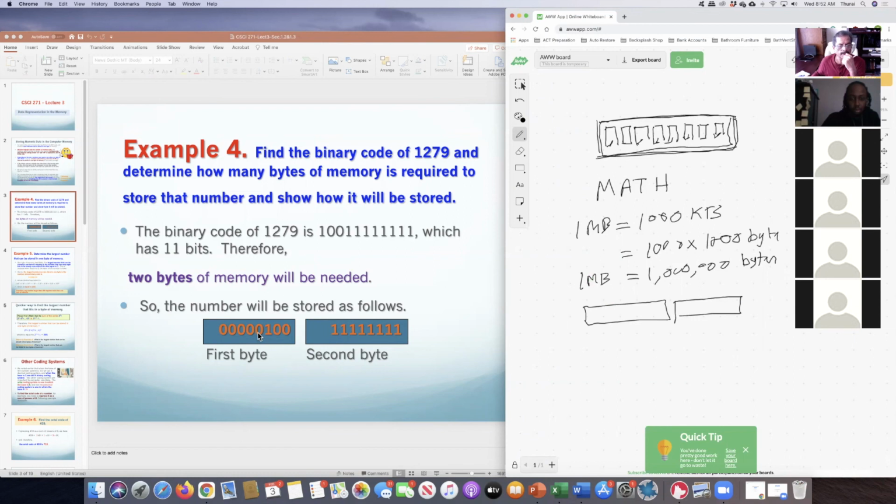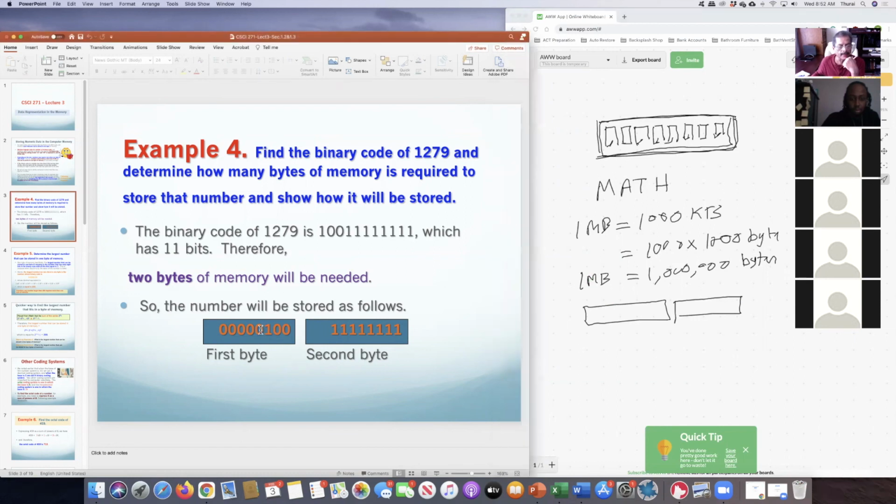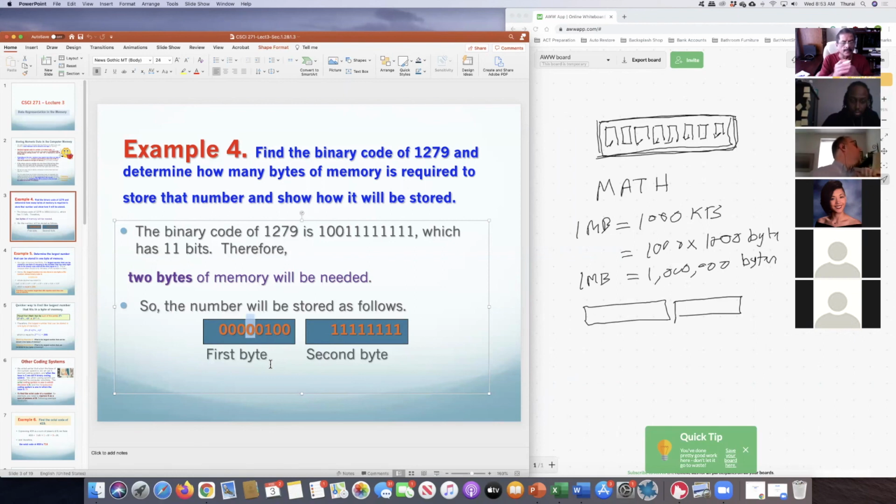Now, do you agree with me that if I replace one of these zeros with 1, then the number is larger, right? That adds another power of 2, 2 to the power of something. We don't care what it is. It adds 2 to the power of something. Correct. If I replace this 0 with 1, that'll make it larger. So if these zeros are replaced with 1s, the number will get bigger and bigger.